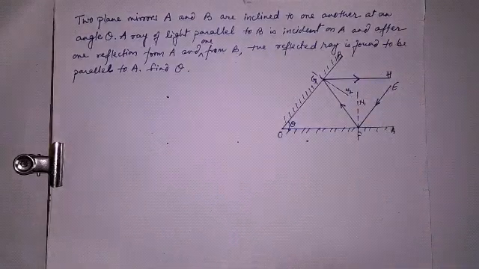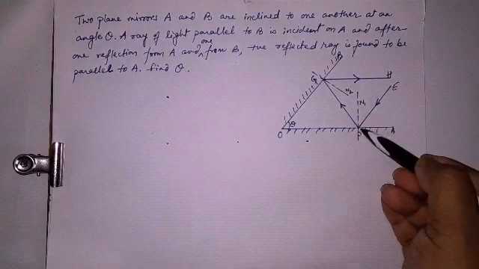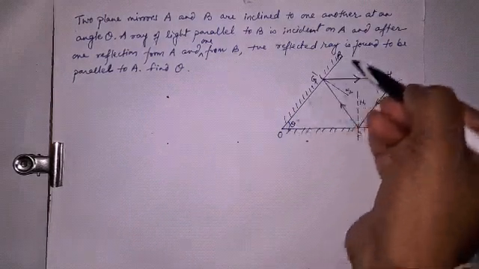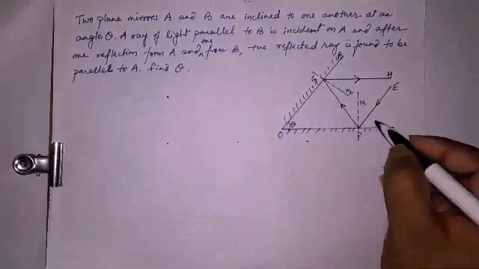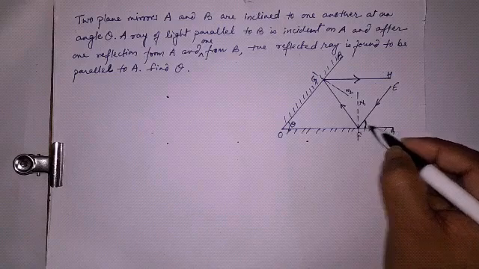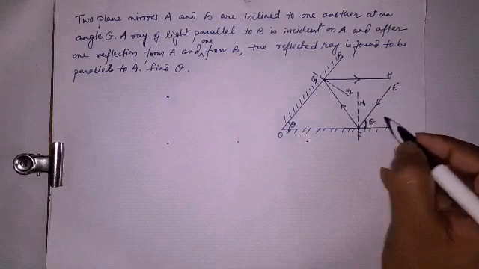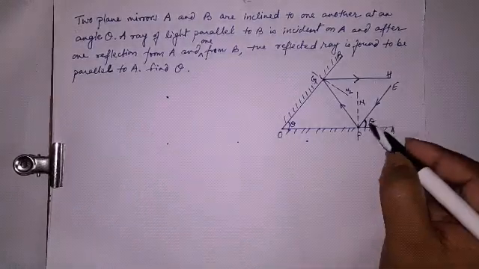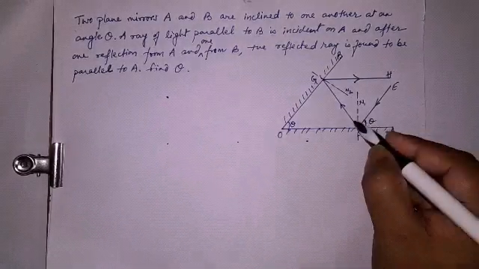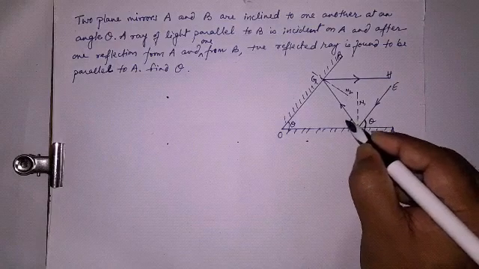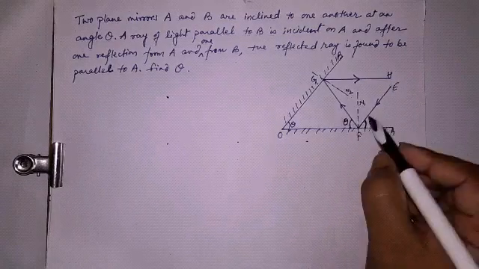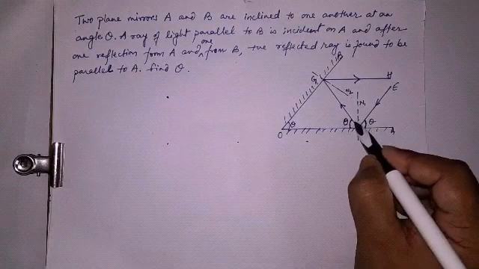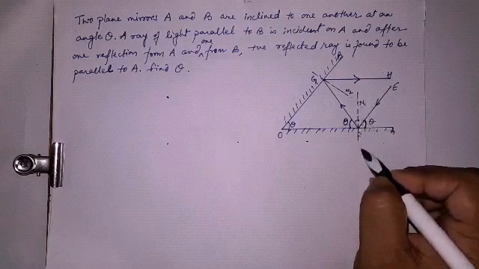Now see, since EF is parallel to OB, this angle is equal to theta, corresponding angle, if this is an intercept. If this angle is theta, then on the other side this angle will also become theta, because angle of incidence and angle of reflection are equal along with the normal.